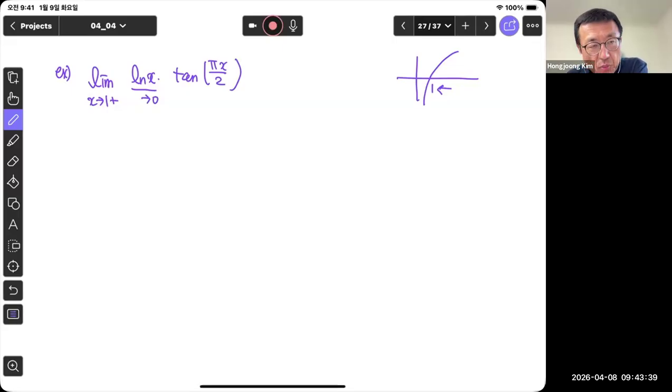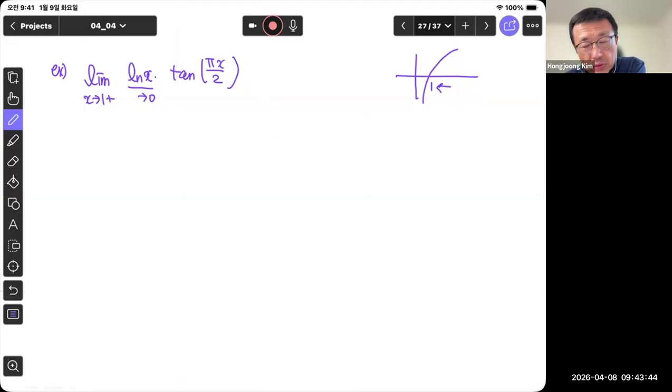As x approaches 1 from the right, pi x over 2.